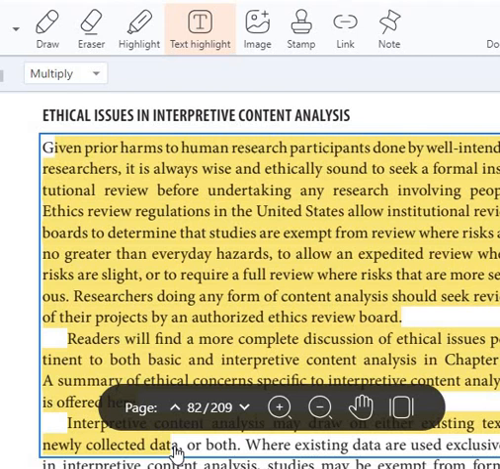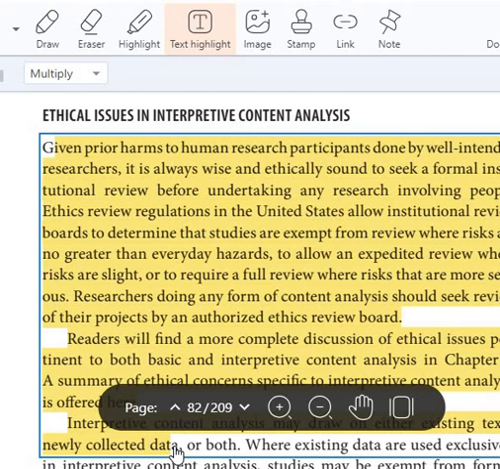Just remember this. Ethics review regulations in the US allow institutional review boards to determine that studies are exempt from review where risks are no greater than everyday hazards. So, if it is all about everyday practices, there's no kind of harm, that's why it can give you an exemption from review. No need to get in a review.